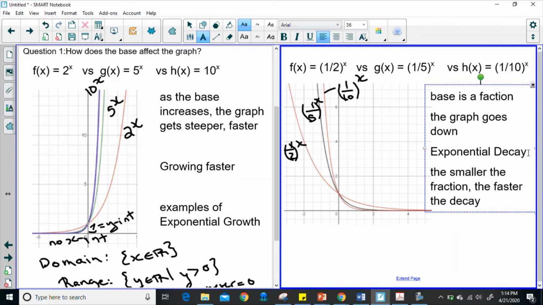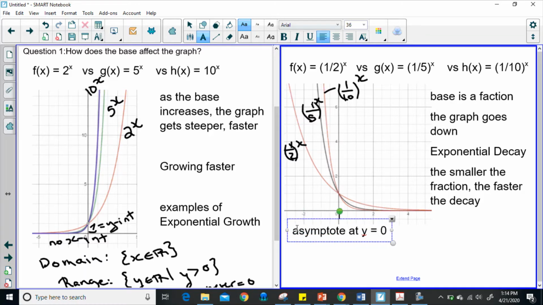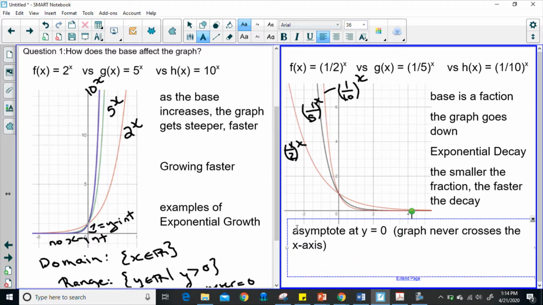So that's pretty interesting. Notice how we also have the same asymptote. So our asymptote is also at y = 0 because the graph never crosses the x-axis. And notice that y = 1 is the y-intercept again.